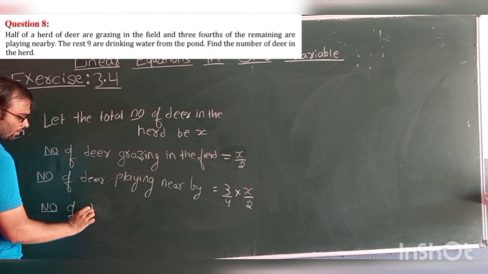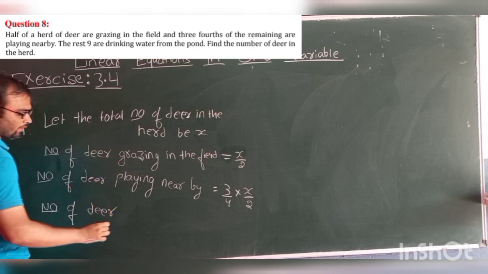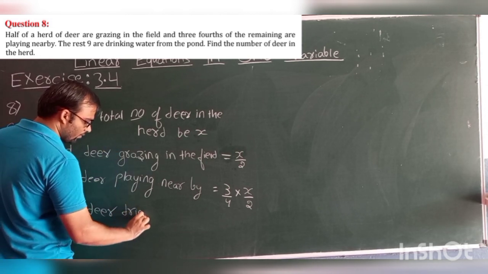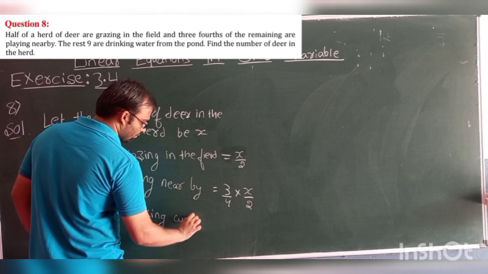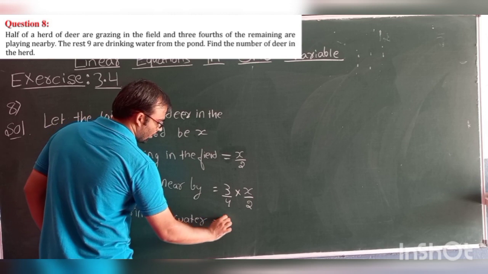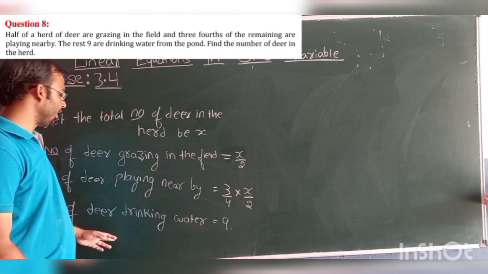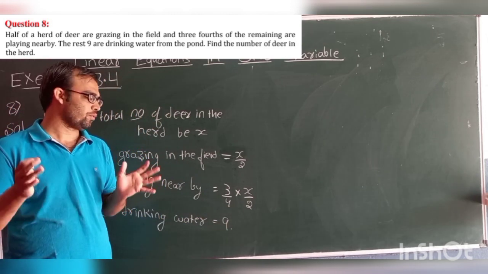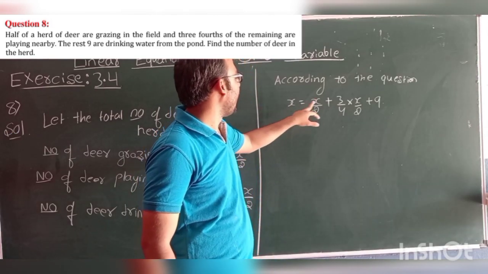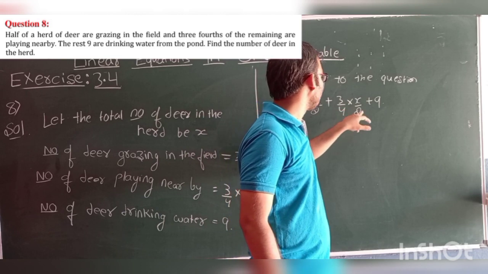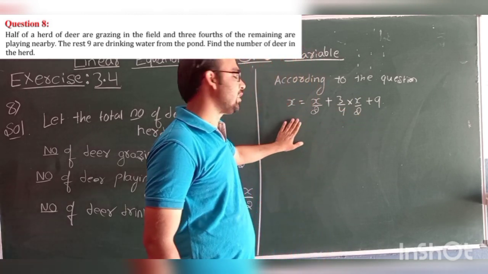Number of deer drinking water equals to 9. Okay, so how many deer are drinking water? 9. So we need to find the number of deer. According to the question, look here students. X is equals to x by 2 plus 3/4 into x by 2 plus 9. So why is it so?